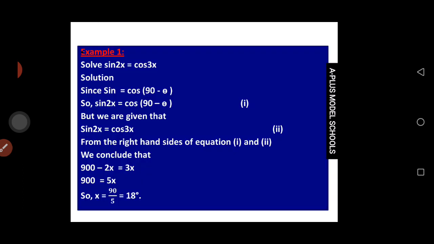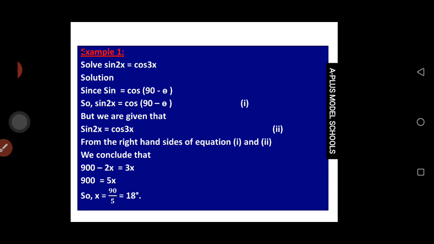For example, sine 2x is equal to cos 3x. We want to check if sine 2x will be equal to cos 3x. Looking at the solution, we have sine theta is equal to cos of 90 degrees minus theta. Now, we have sine 2x, so sine 2x will give me cos of 90 degrees minus theta, which is equation 1.